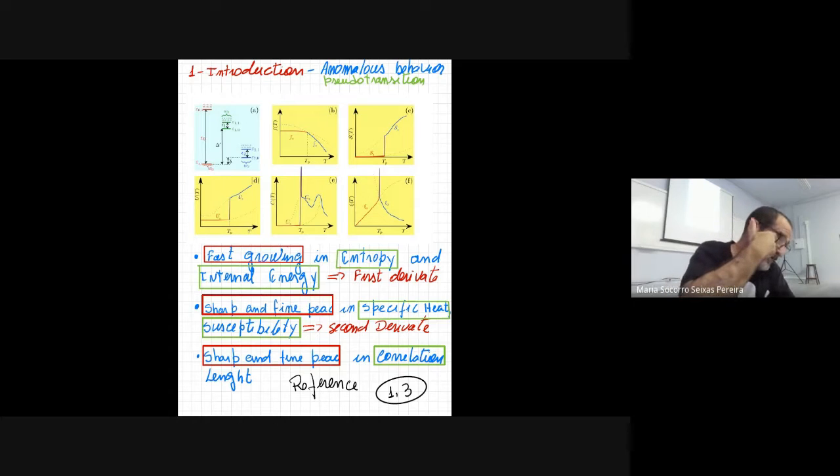So now I talk about the intuitive notion of anomalous behavior of pseudo-transition. You use it to identify a pseudo-transition.